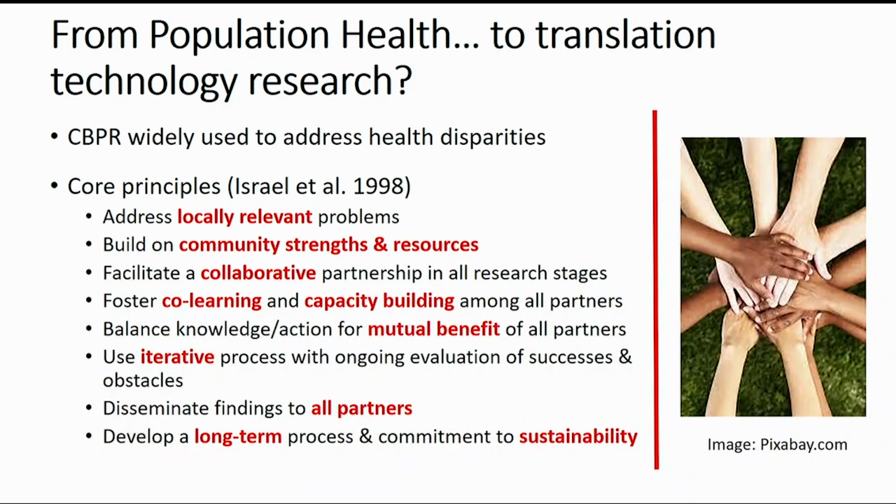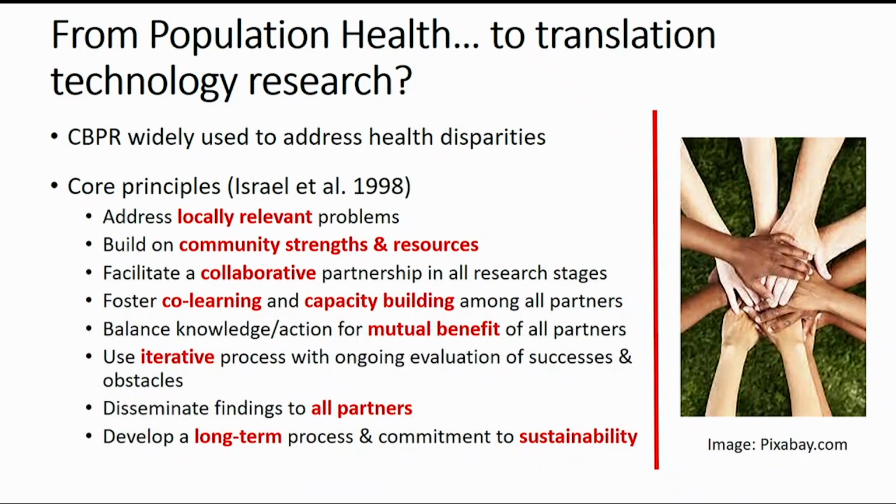They said this type of research should really address locally relevant problems. So the community determines the problems, and it should build on community strengths and resources. It's a much more collaborative way of doing research. Again, not studying the people like the guinea pigs over there, but actually engaging with them.